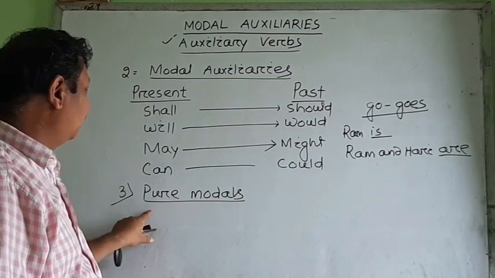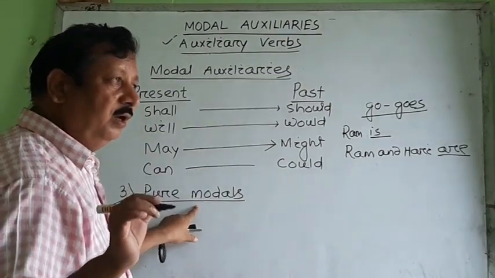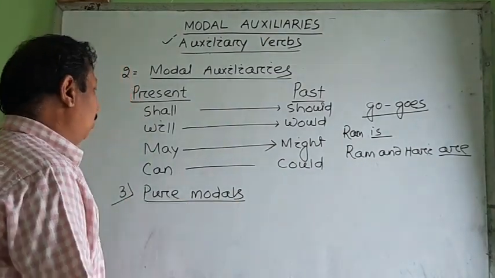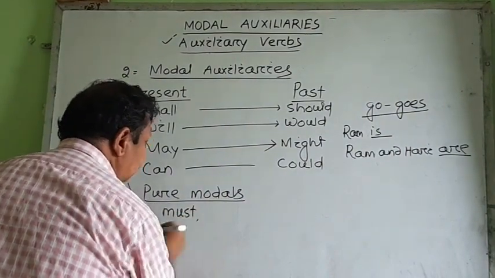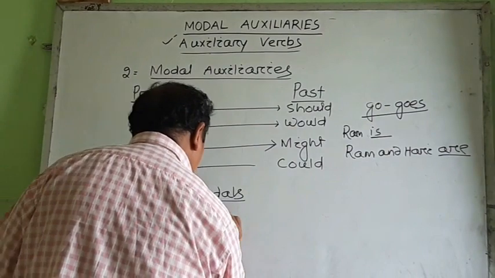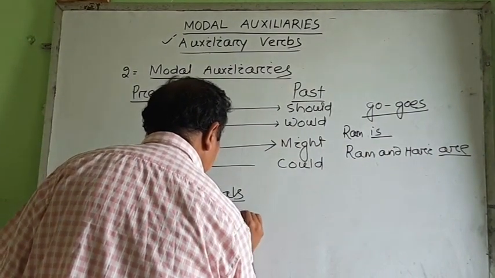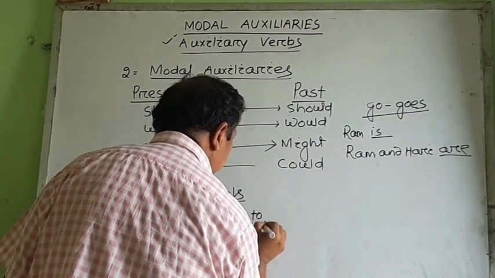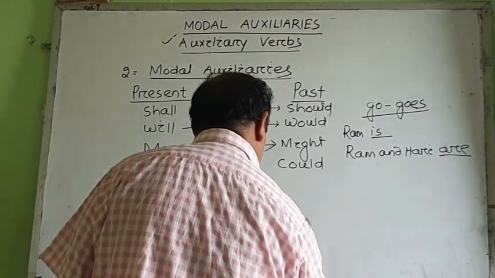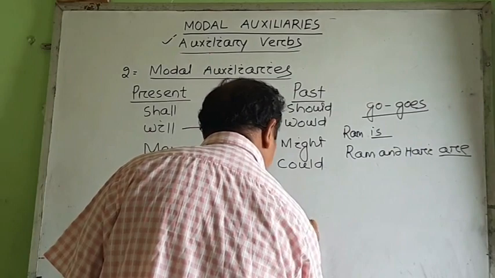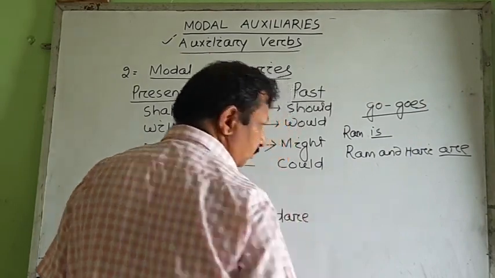That is why they are called the marginal modals or the pure modals. Which ones? The next ones are ought to, used to, and dare.